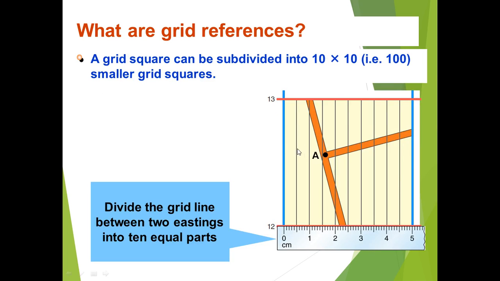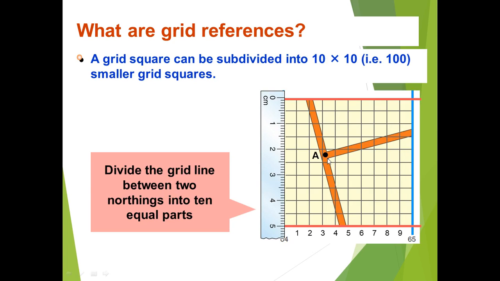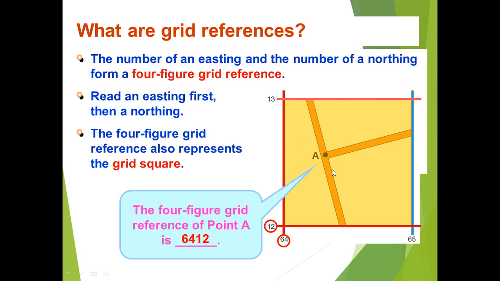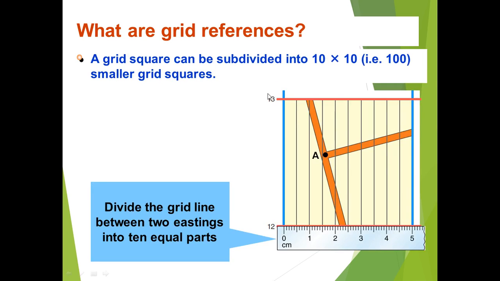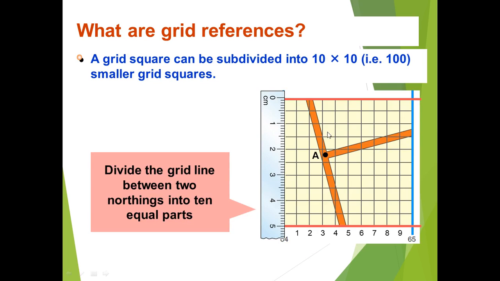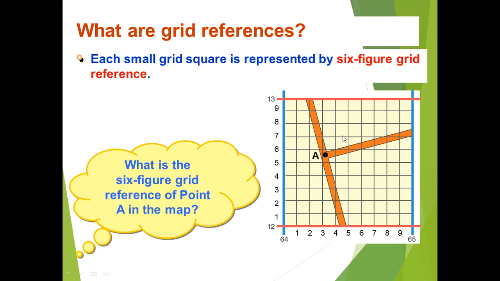The next thing we can do is to further divide the grid square into 100 smaller squares. Why do we have to do it? Because sometimes there may be too much information shown in one grid square. So in order to tell a friend more accurate, more precise locational information, we can give them six-figure grid references. To do that, we divide the grid square into 100 smaller squares.